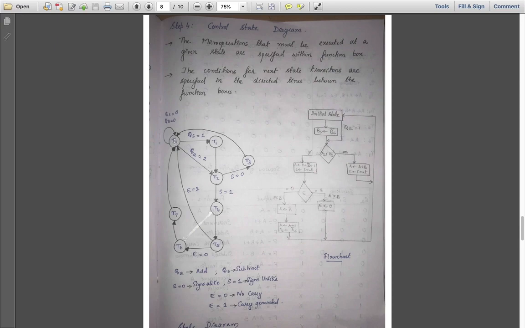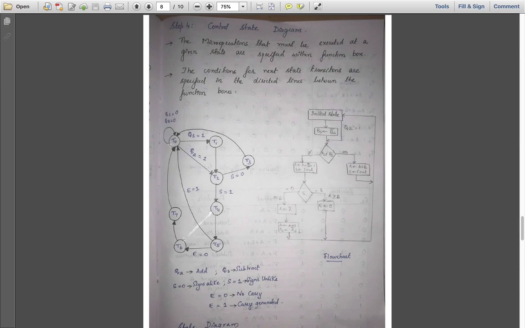To reach T0 or to remain in T0, QS should be set to 0 and QA should be 0, or you can come from T7 to T0 without any input. You can come from T5 to T0 with E set to 1. You can come from T3 to T0 without any input.